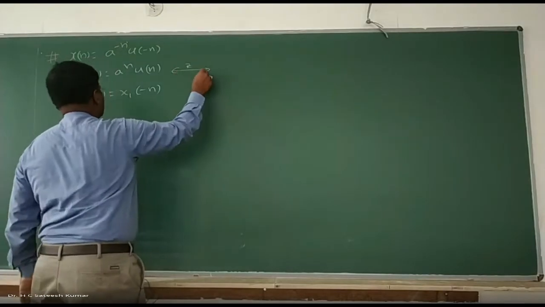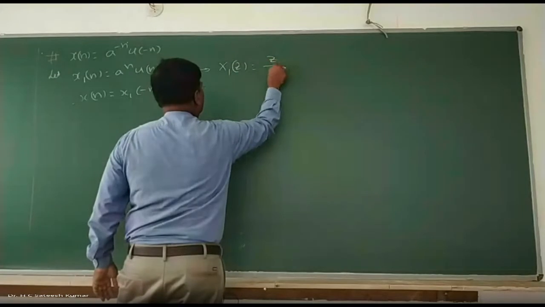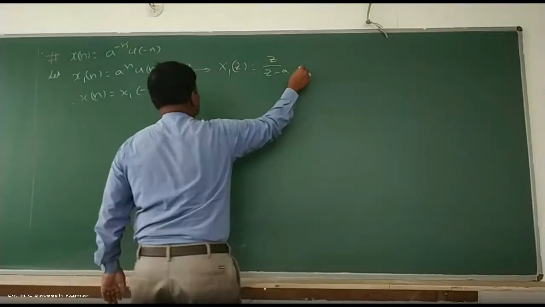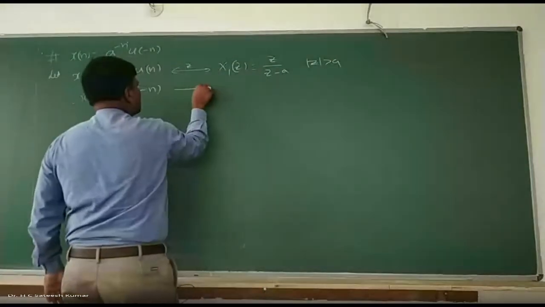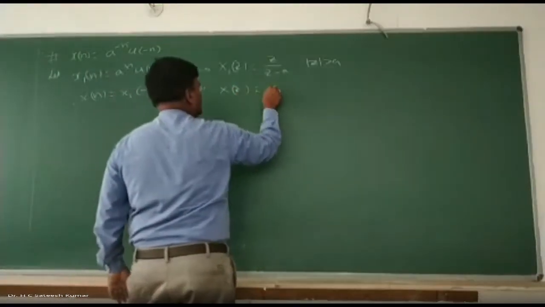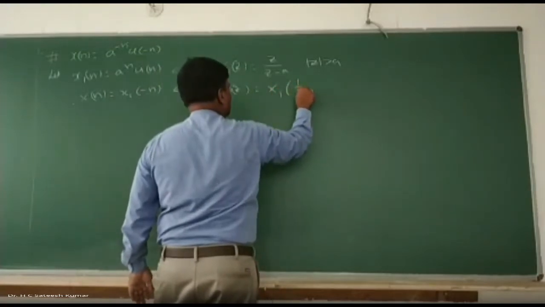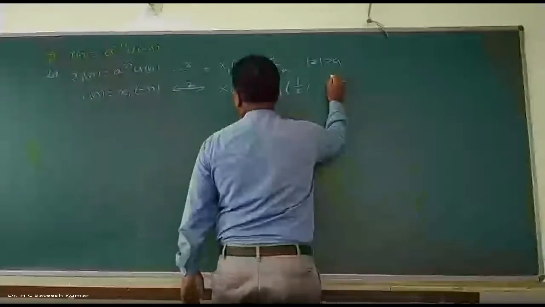The transformation of this one from the table: x1 of z is equal to z divided by z minus a with mod z greater than a. And the Z transformation of this one is what? x of z is equal to x1 of 1 by z using the time reversal property.